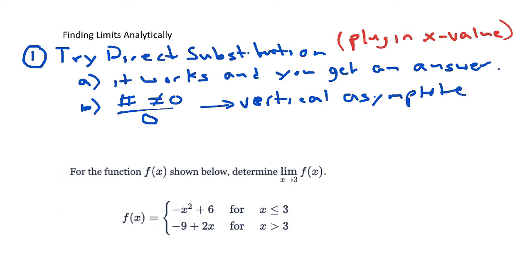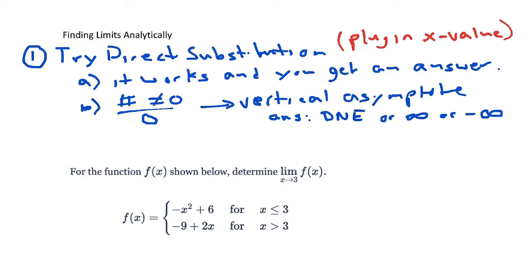And if you have a vertical asymptote, that means the answer is either does not exist or infinity or negative infinity, depending on the sign.